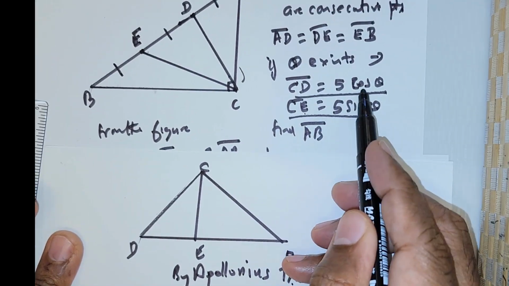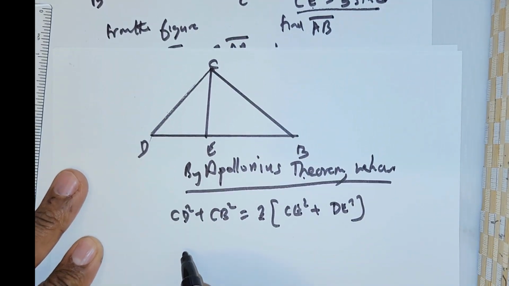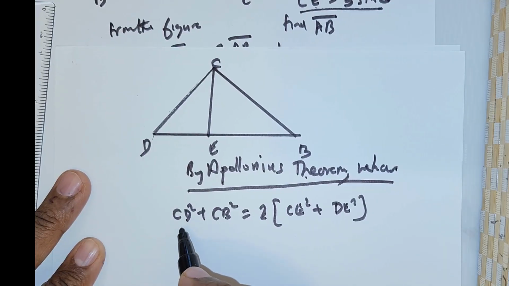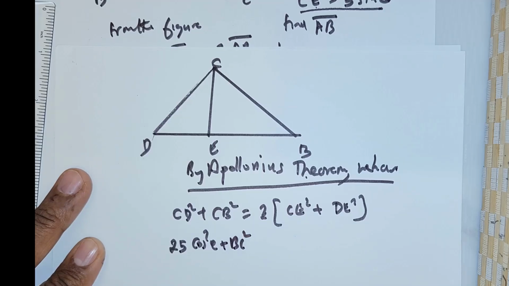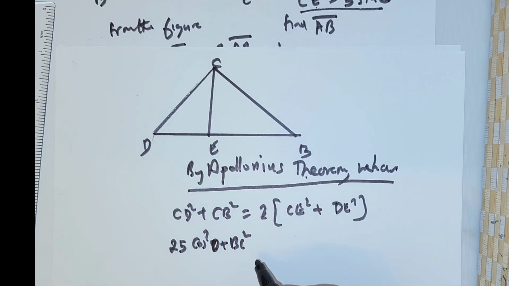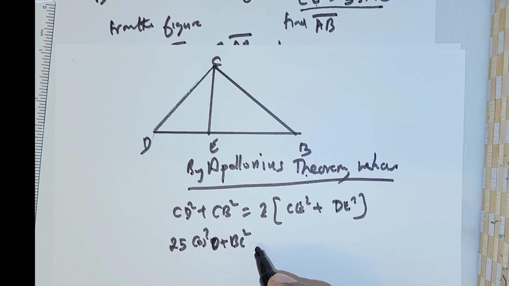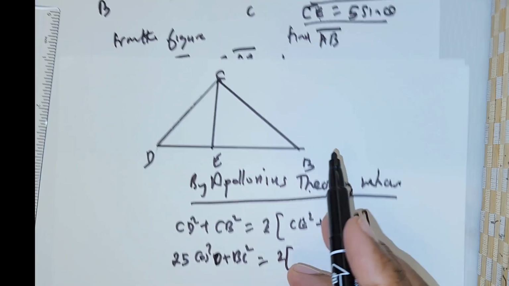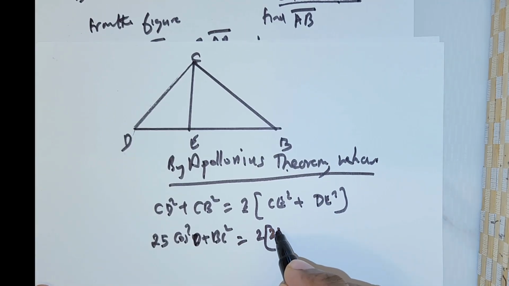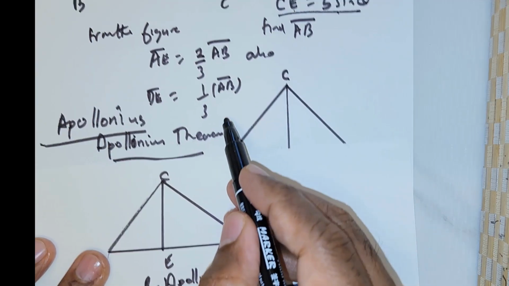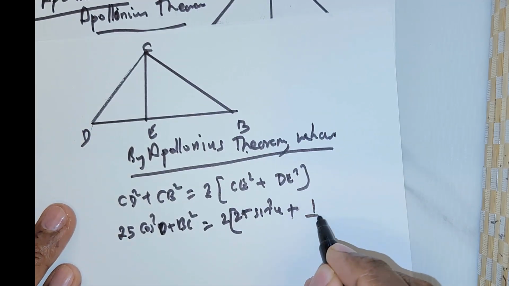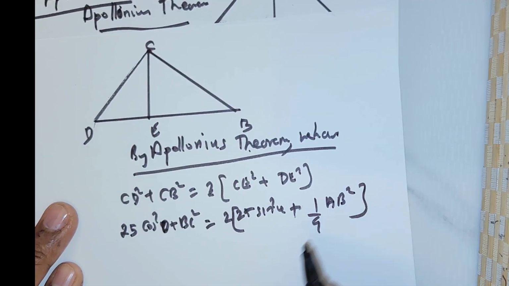Now CD squared is 25 cos squared theta, and I'm going to write this as BC squared. So 25 cos squared theta plus BC squared is equal to 2 times 25 sine squared theta plus DE squared, that's 1/9 AB squared.